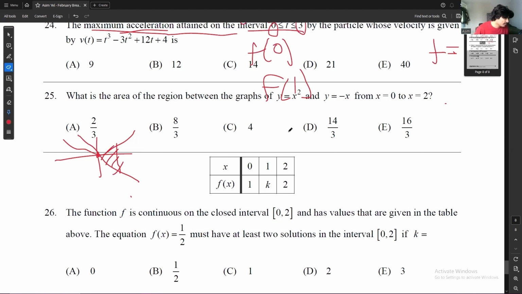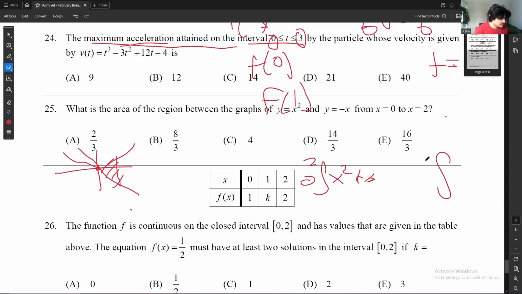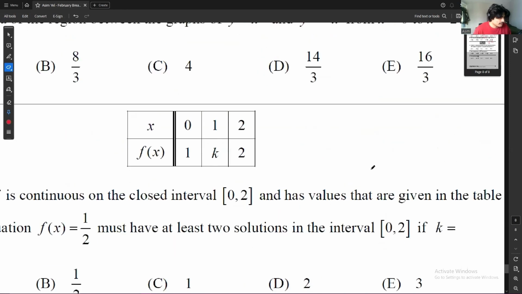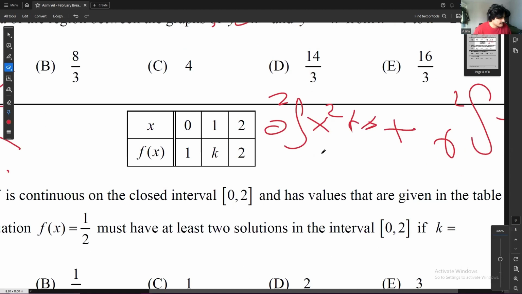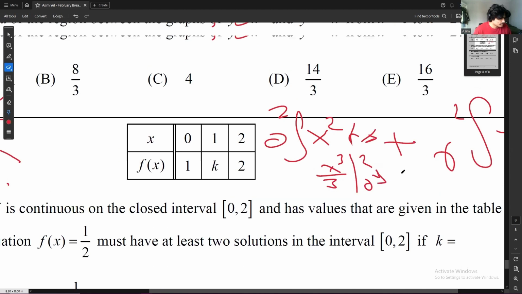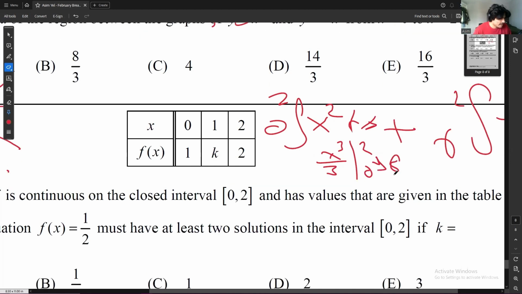The best method that comes to my mind is taking the integral of both functions and then adding them together. So I'm going to say the integral of x squared dx from 0 to 2, and the integral of negative x dx from 0 to 2, and we're going to add these together. The antiderivative of this is x cubed over 3, and if I plug in 2 and 0, it's going to be 8 over 3.